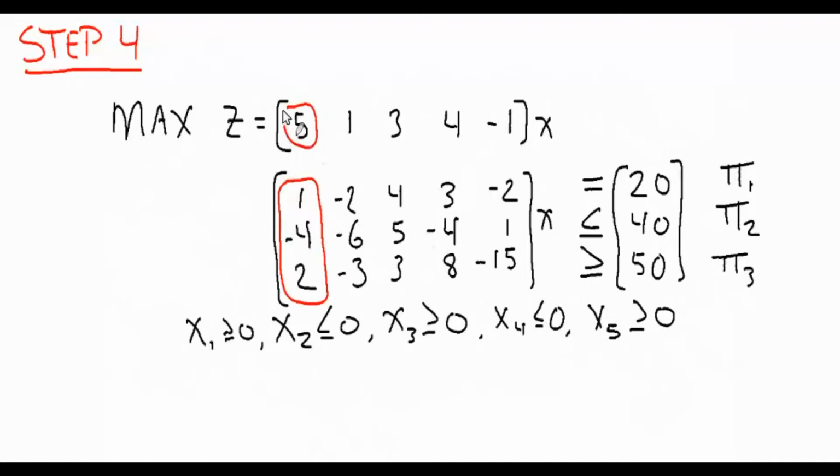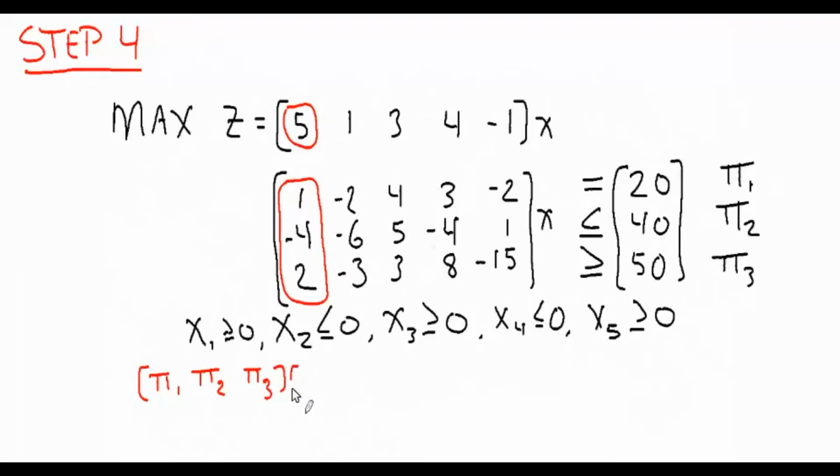And this is why I went to so much effort at the beginning to write out the pseudo matrix form, so that all of the coefficients lined up in columns very neatly. So what we do is we create a row vector with our dual variables, pi sub 1, pi sub 2, and pi sub 3.